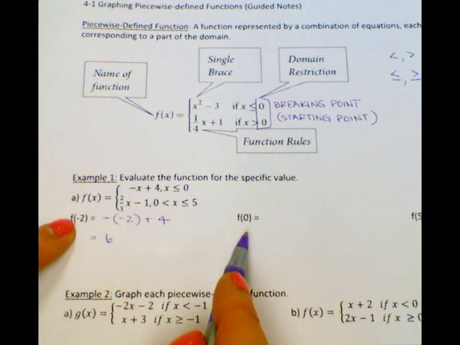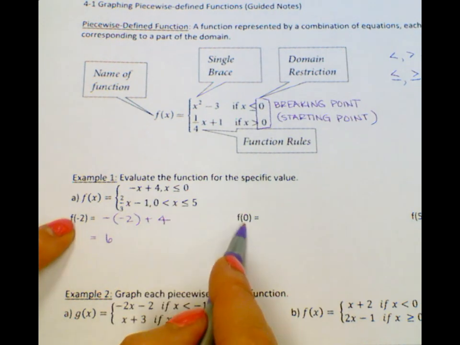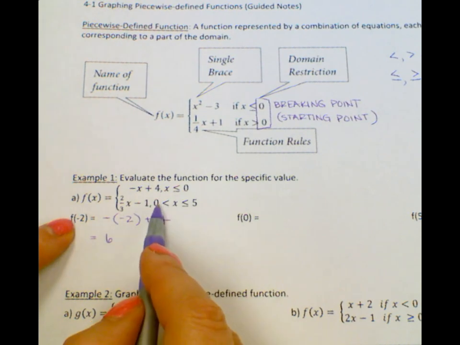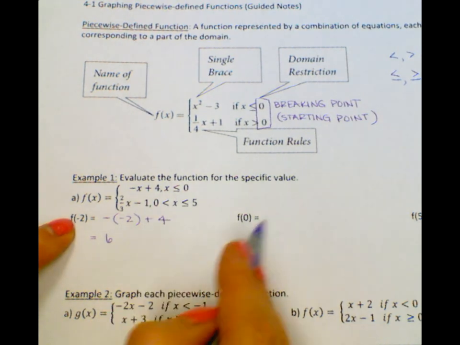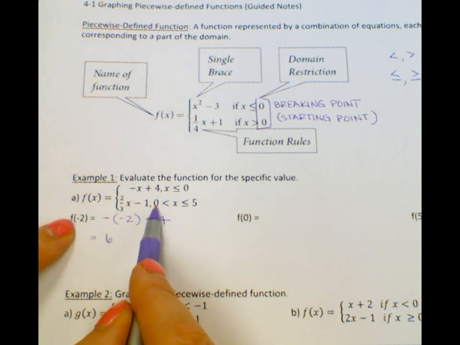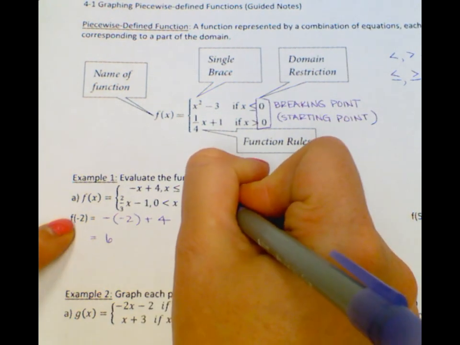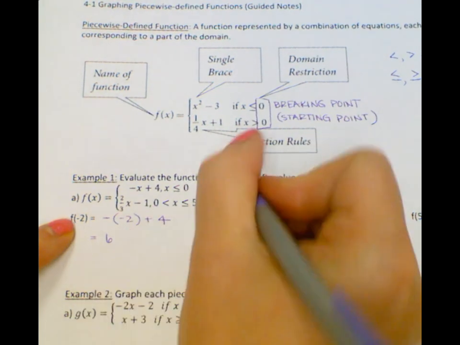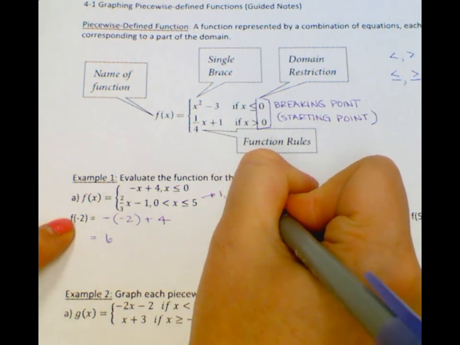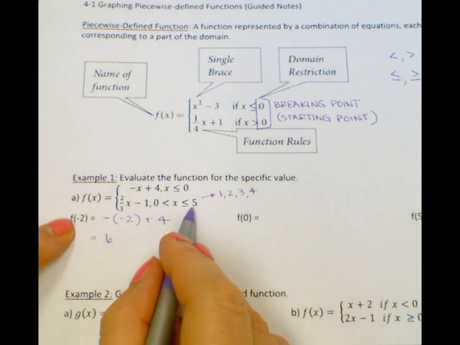All right, so let's see what's going on here. I have a 0. Is 0 less than or equal to 0, or is it between 0 and 5? Now, here's the tricky part. Look here. Does this have the little underline? No. So it does not include this 0. What this one includes doesn't include the 0, but it includes the 1, 2, 3, 4. Does it include the 5?